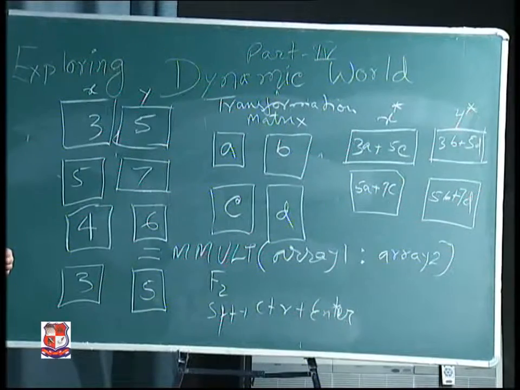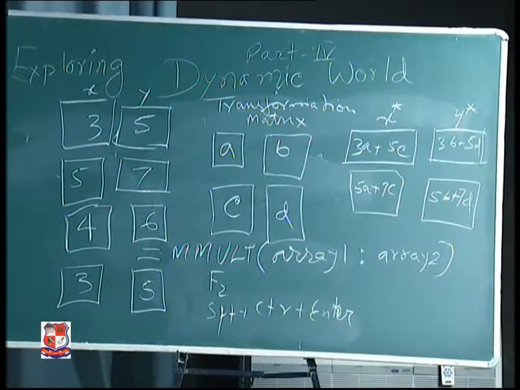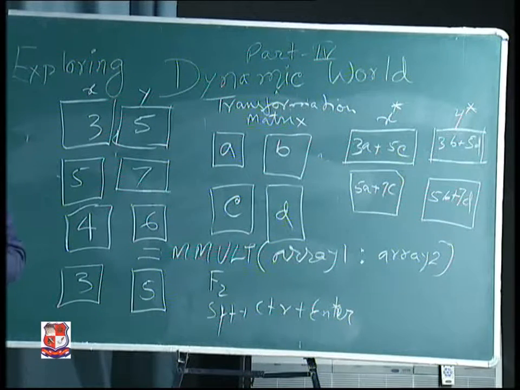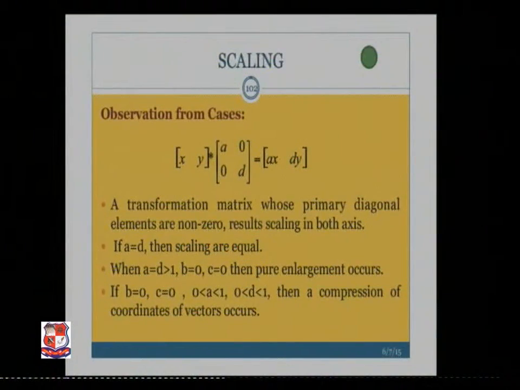Now, coming back to the effect, what is happening? Abruptly these shapes are changing, is it not? This triangular shape is changing abruptly, and you do not know what element of this matrix plays what role.